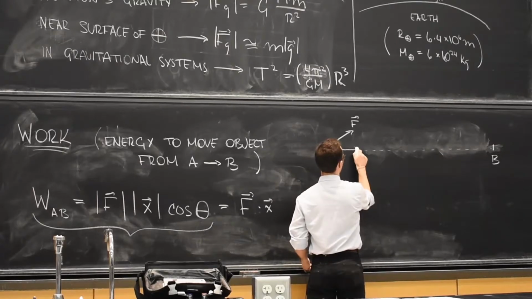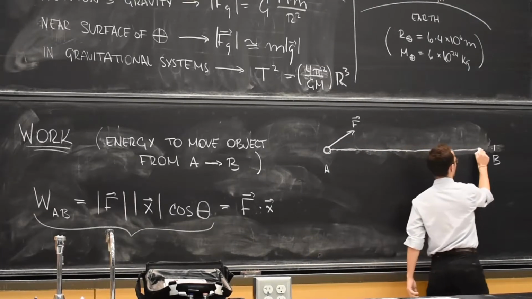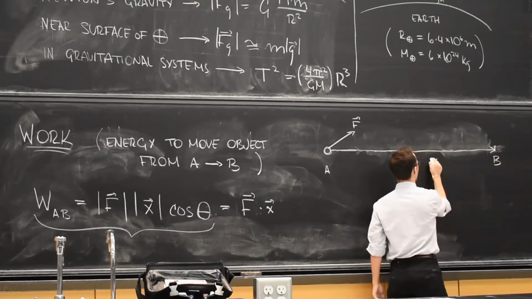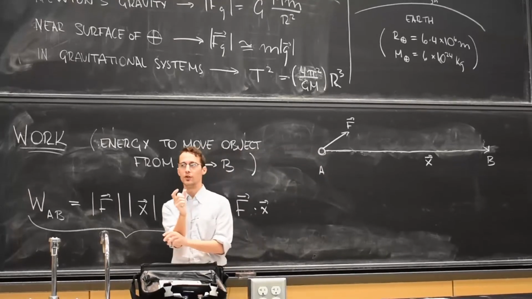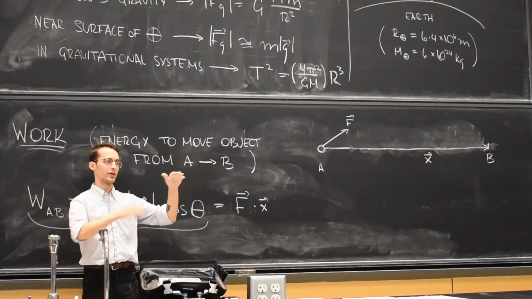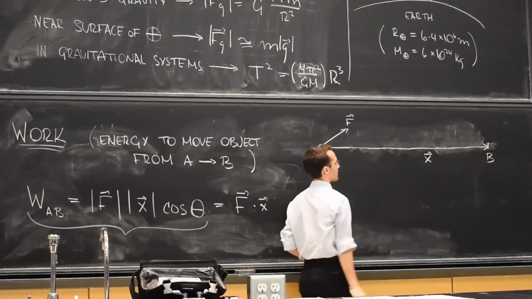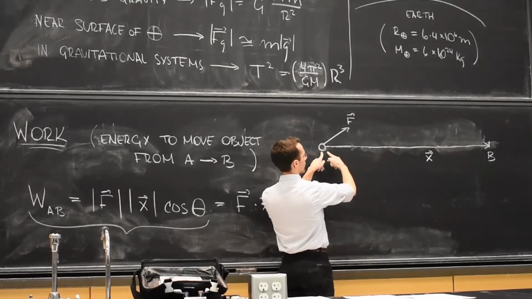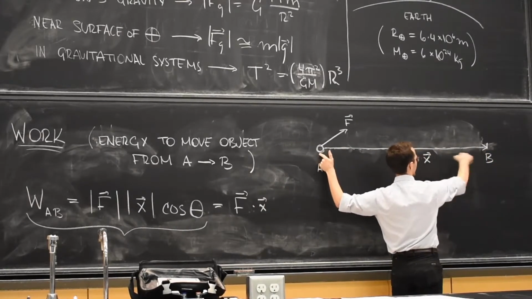So this will be our x, right? X, as we've been using previously, it's a measure of distance, but now it's a vector because now we're worried about the direction of that distance that we're going. All right, so we're going from A to B. They're separated by some number, some magnitude, and in this direction.